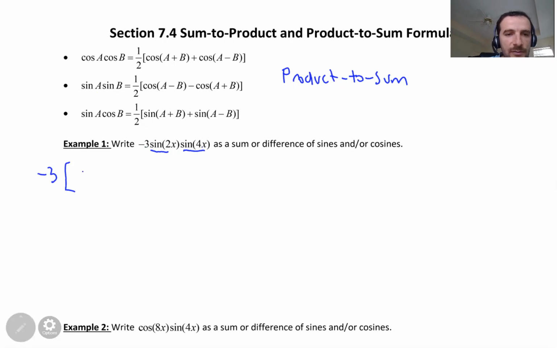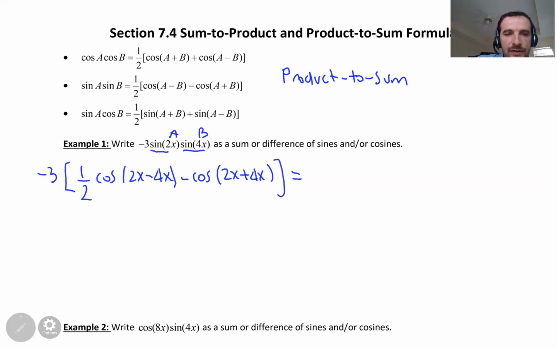So it will be, sorry, I forgot to add 1/2. 1/2 cosine of, this is A, this is B, cosine of A minus B, so 2x minus 4x, minus cosine of A plus B, 2x plus 4x.